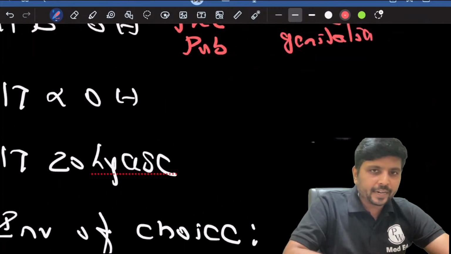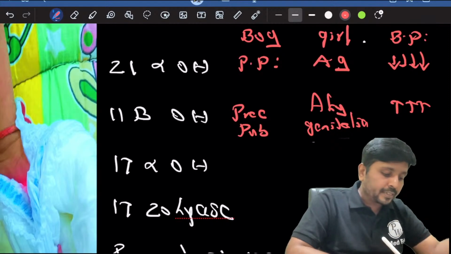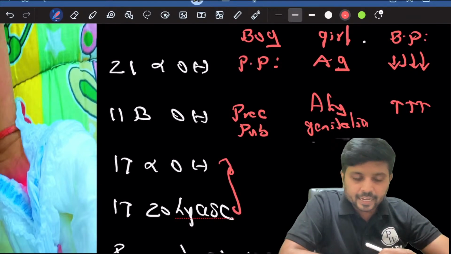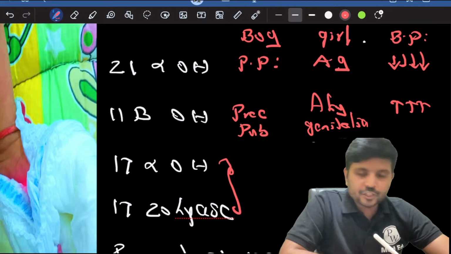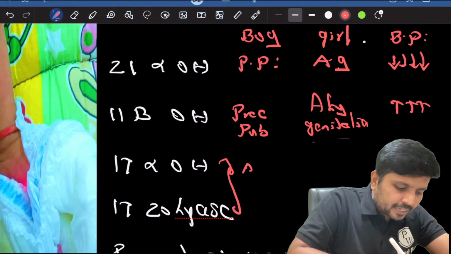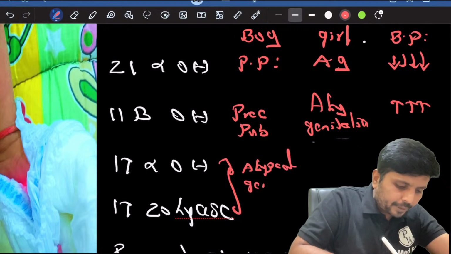Now comes 17 alpha hydroxylase and 17-20 lyase. So what happens in case of 17 alpha hydroxylase and 17-20 lyase? In these two conditions, you will get atypical genitalia in boys.